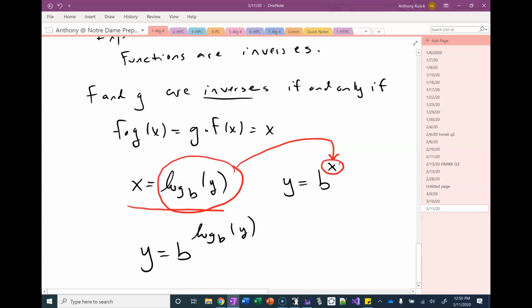That's composition, right? Where I've plugged one function into another. So what does that tell me? Well, the only way for me to get y out of this is if this exponent base cancels that logarithm base to give me just y, right?